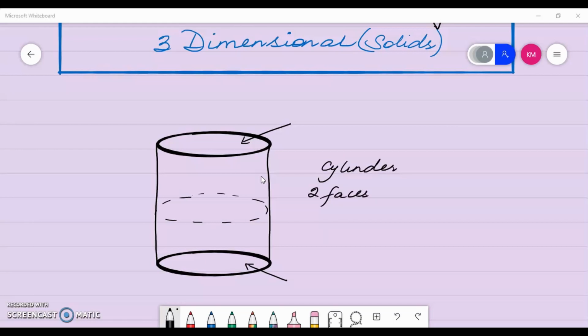Are there any edges? No. 0 edges and 0 vertices. So our cylinder has 2 faces, 1 curved surface, 0 edges and 0 vertices.